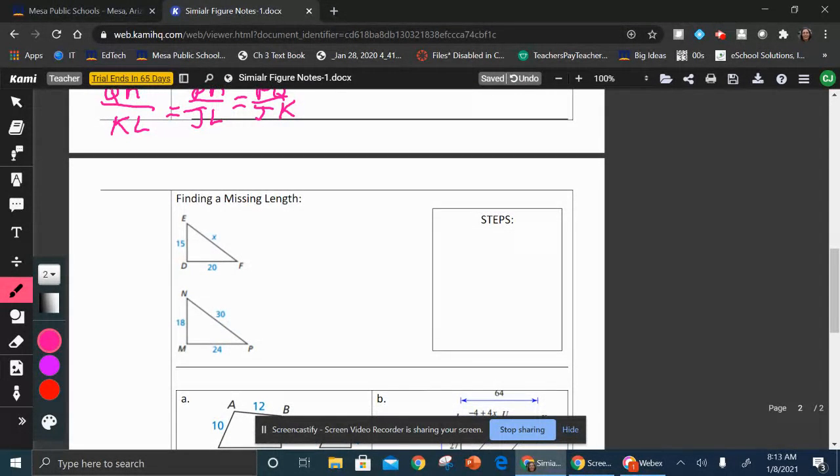Okay, so this one we're going to find the missing length, everybody. So our first steps, everybody, we're always going to find X and that corresponding side, okay? And then you're going to find a side without X. Okay, so any of the other sides work, and then we're going to cross multiply and divide to solve our proportion.